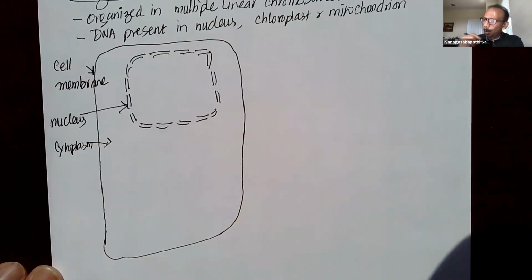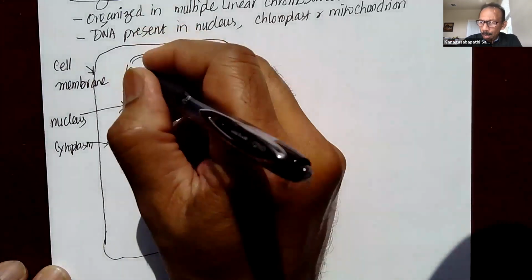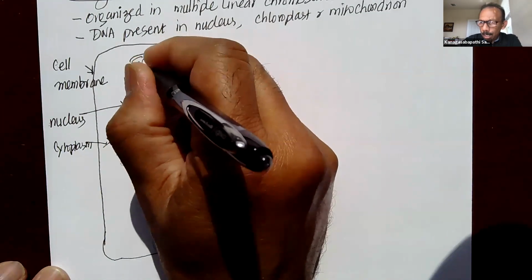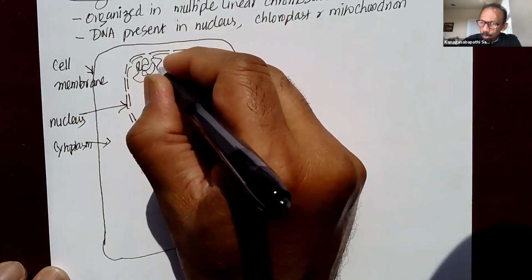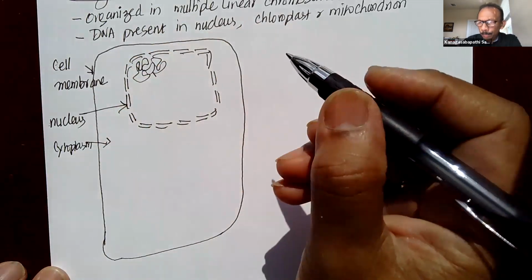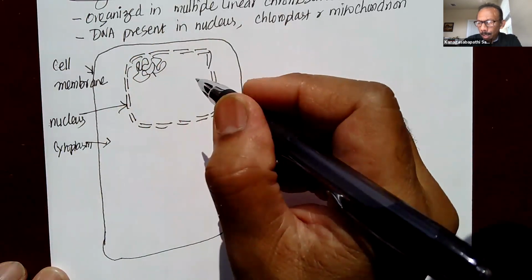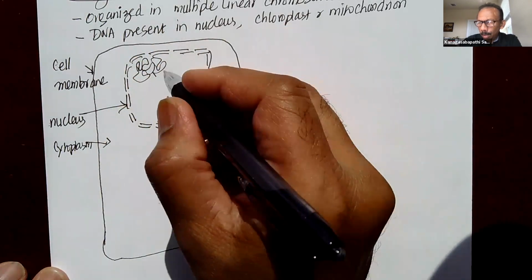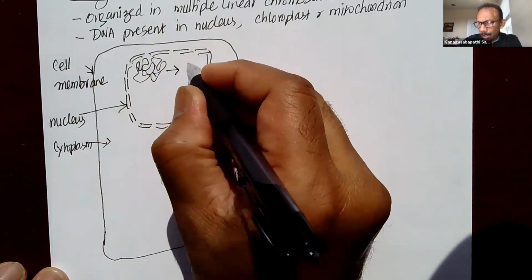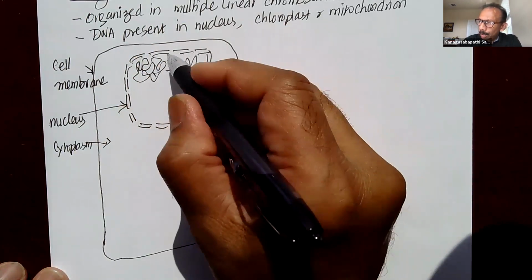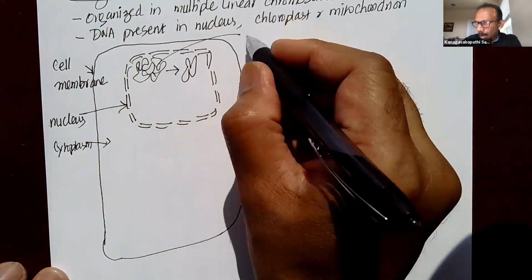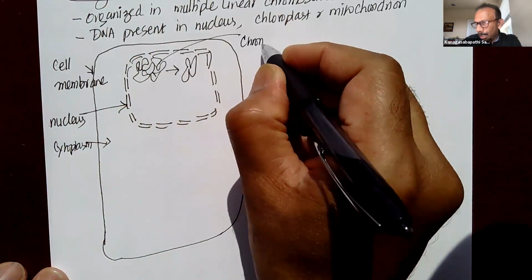We're going to go through how the gene expression occurs. So you see this DNA or the chromosomes are kind of loosely dispersed, and you call that chromatin. So that's called the chromatin.